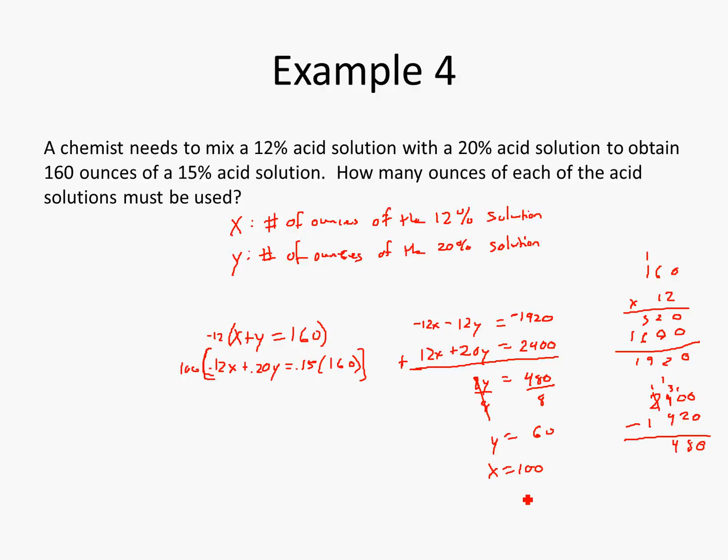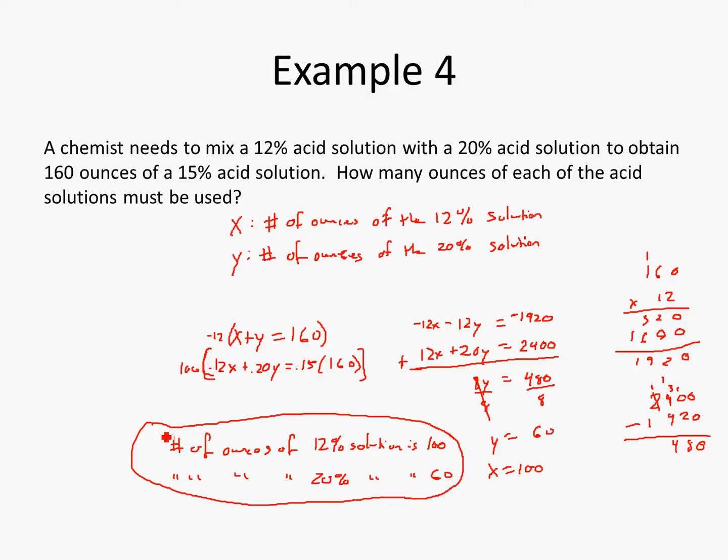So then you could just say the number of ounces of the 12% solution is 100, and the number of ounces of the 20% solution is 60, and that would be our answer.